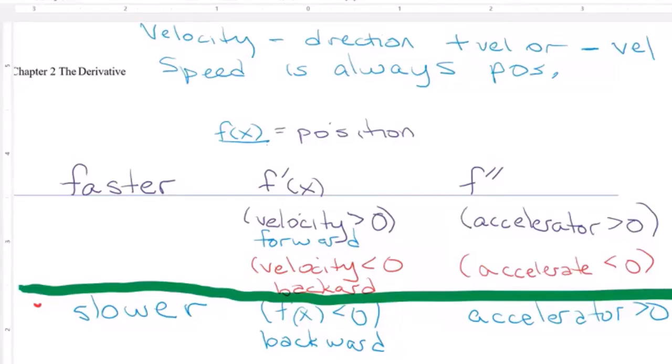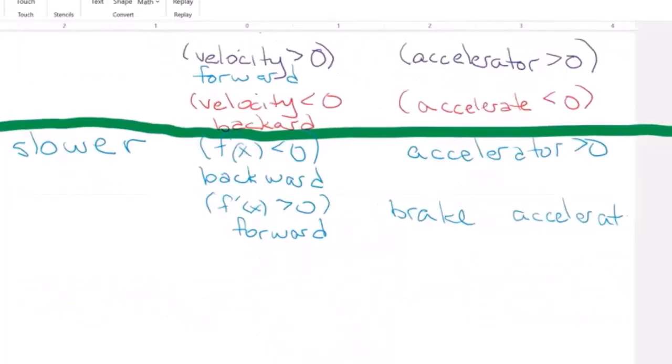If I have f prime of x is greater than 0, which means I'm going forward again, and I put my foot on the brake, so here I'm going to brake, that means I'm accelerating in the negative direction.